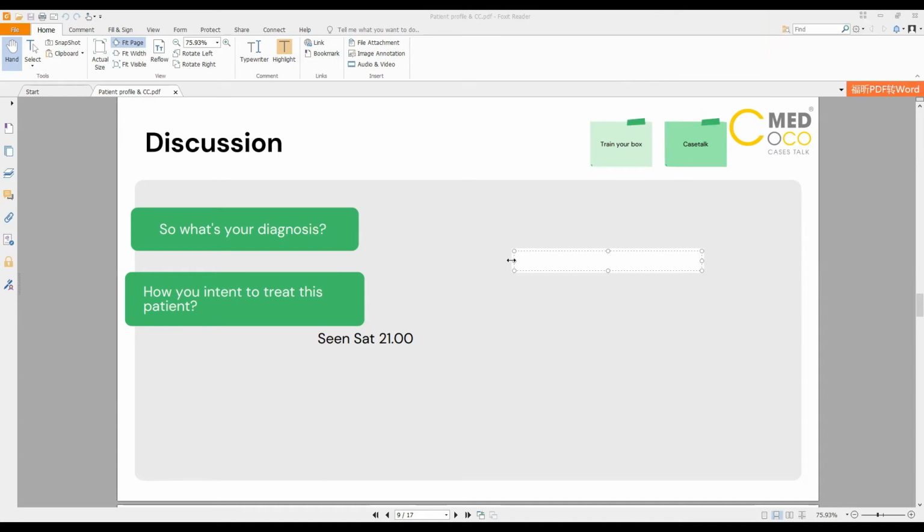So the diagnosis is endocarditis, right? Yep. So you asked about the treatment plan. So I think we should have an antibiotics plan first to treat this disease.